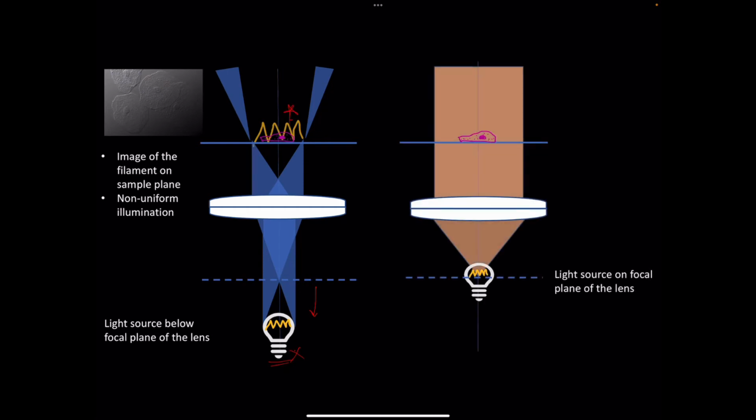So what you want instead is to put your light source onto the back focal plane of the condenser lens, so that you can actually get the uniform illumination in the form of a defocused beam of light or a collimated beam of light.